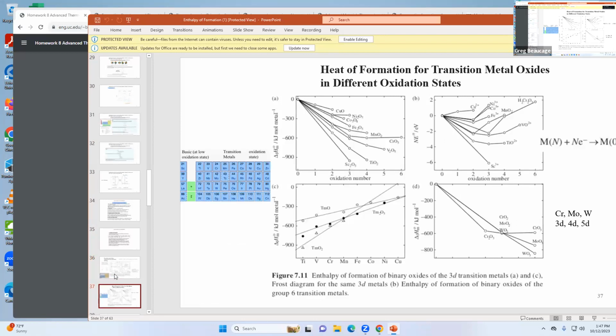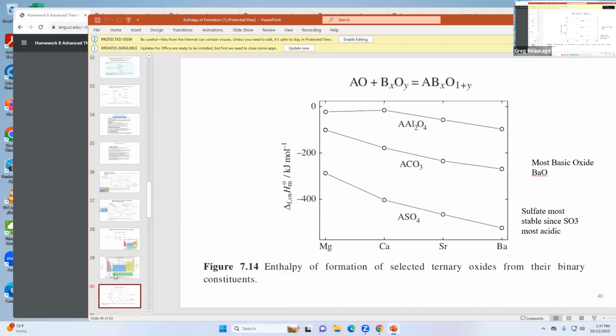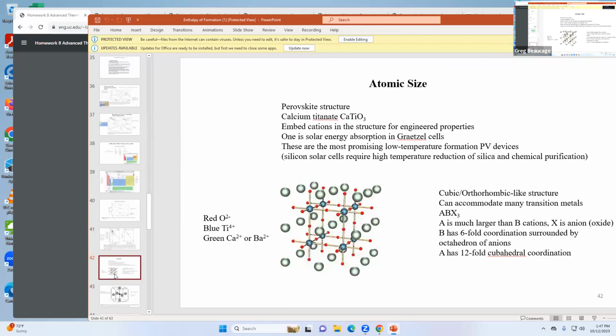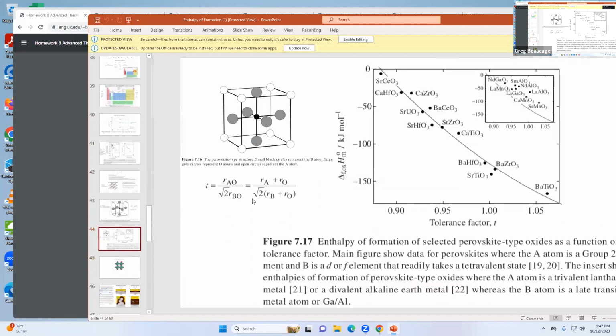I think the authors are more interested in this than it is a topic of general interest. Maybe their research was in this, the authors of our book, but it's a bit of an odd chapter. The atomic size definitely matters: you have to have a match of atomic size to get a crystal to form. This is for perovskites, so the tolerance factor between the two metals in it.